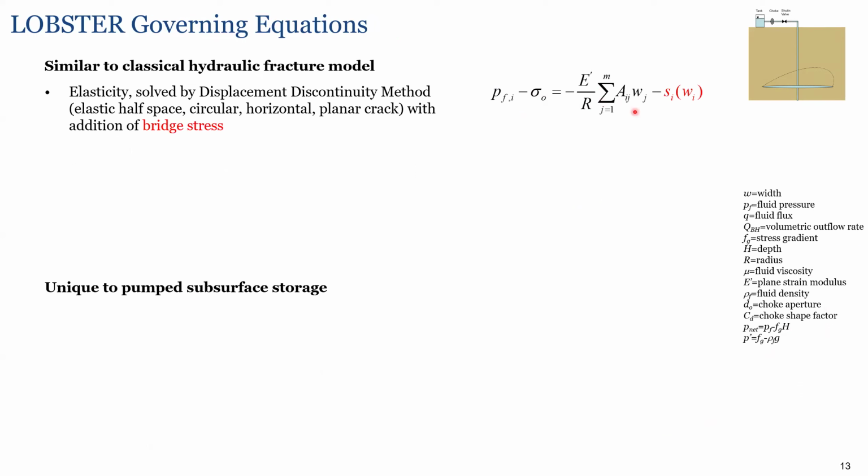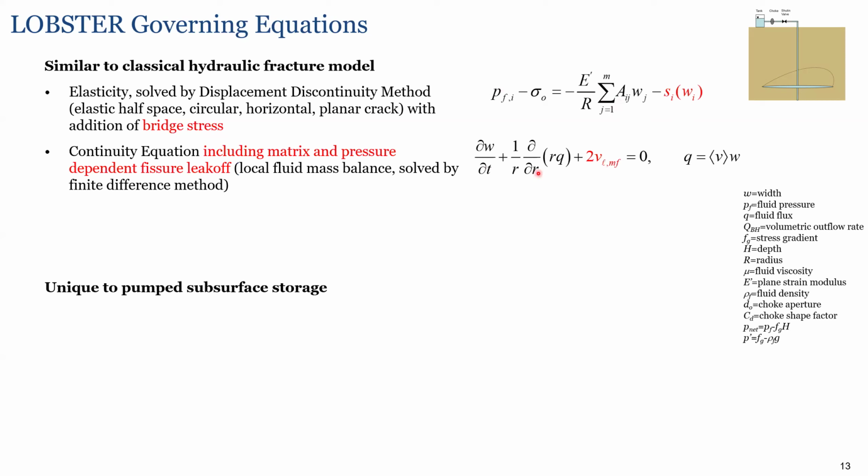I've written this part here in black, with A_ij being a displacement discontinuity method based matrix that I set up. You can use whatever your favorite elasticity solver is. That was just convenient for me. And then we're going to see what this bridge stress thing is. We'll see what that is here in a few minutes.